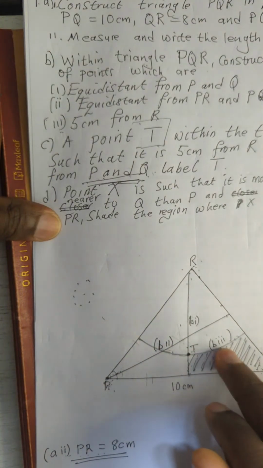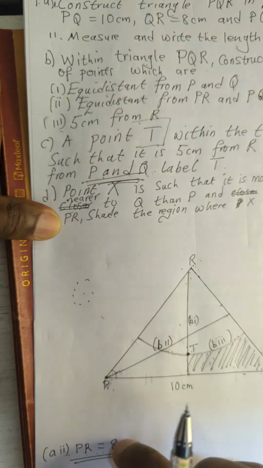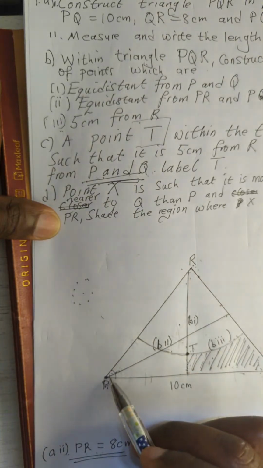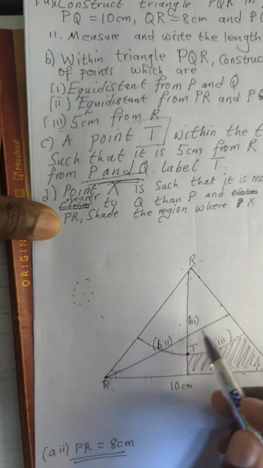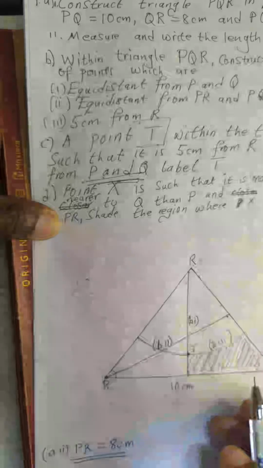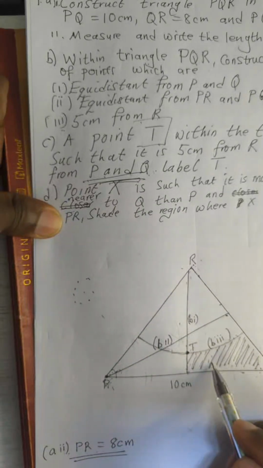Again, they said if you compare how far X is to PQ and PR, X is closer to PQ than PR. So the boundary of PQ and PR is this one. Therefore, if it is closer to PQ, it must be below. So this region wins.